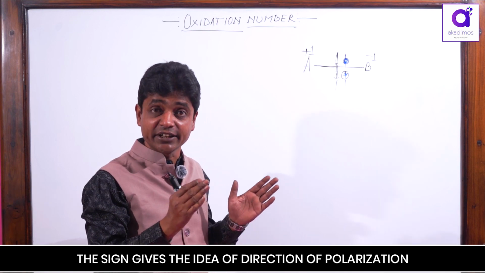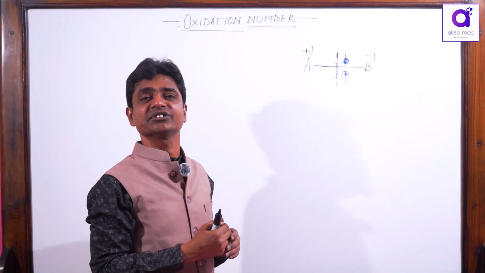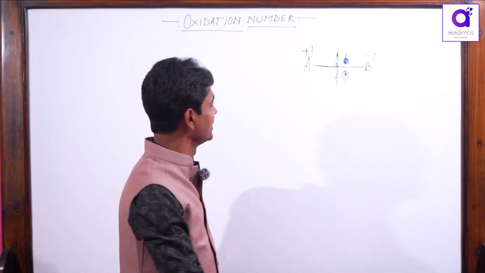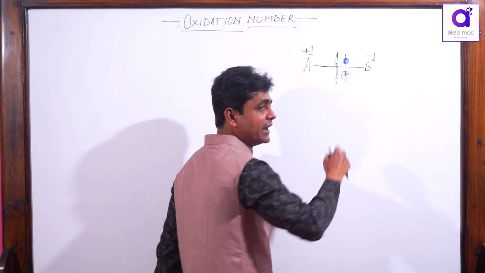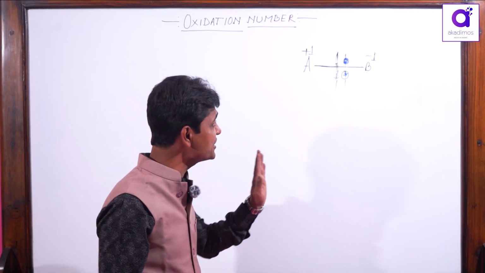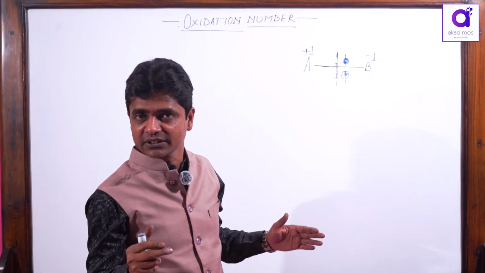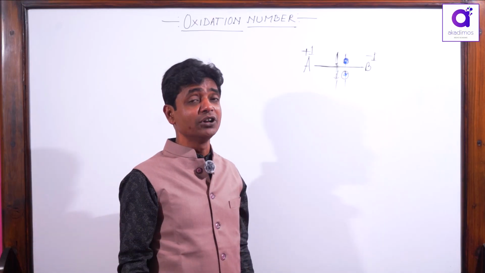The sign will tell you the direction of electron polarization. Electron will polarize from plus to minus. And the number 1 is the number of electrons polarized.